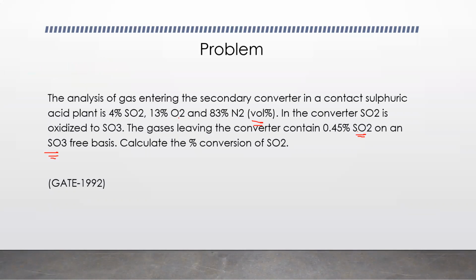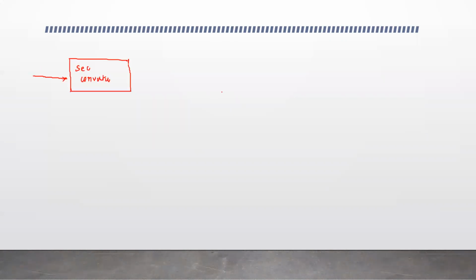So we have the secondary converter. In the secondary converter, we send the feed. The feed contains 4% SO2, 13% oxygen, and 83% nitrogen. The basis that we are going to take is 100 kilomole of feed.